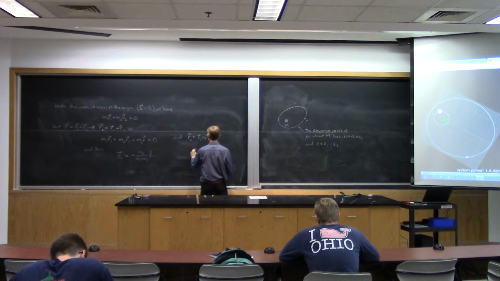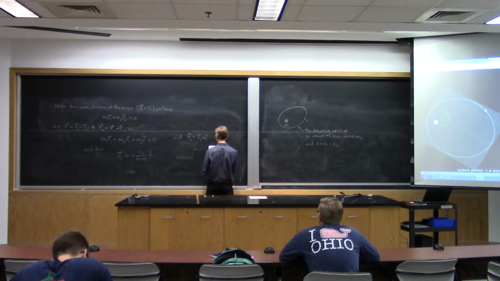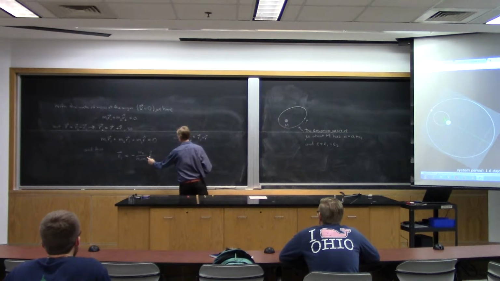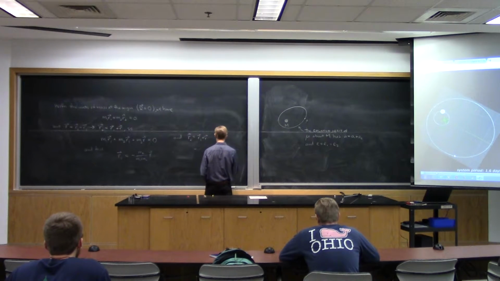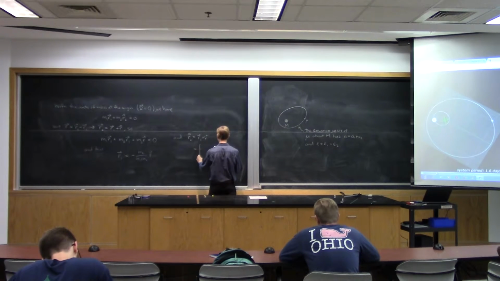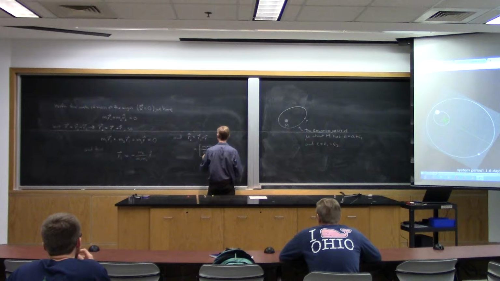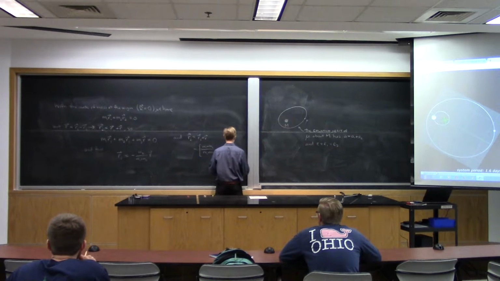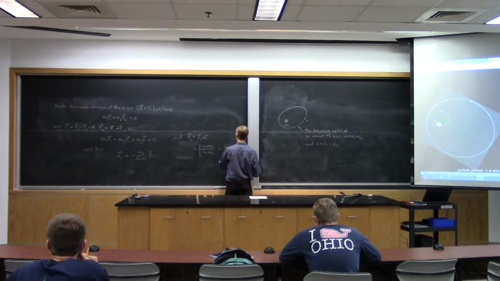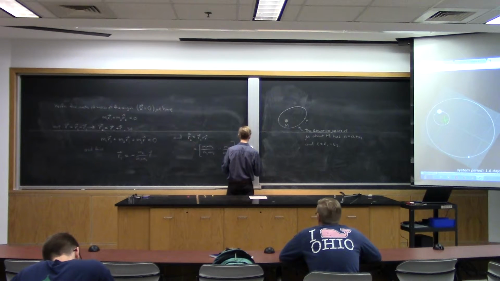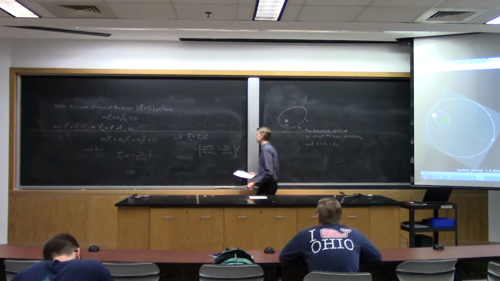So if we write all that out, now we know that r1 is equal to minus m2 over m1 plus m2 times r. So we can write this as m1 plus m2 over m1 plus m2 minus m2 over m1 plus m2 times r.